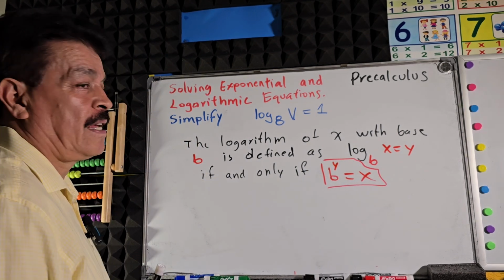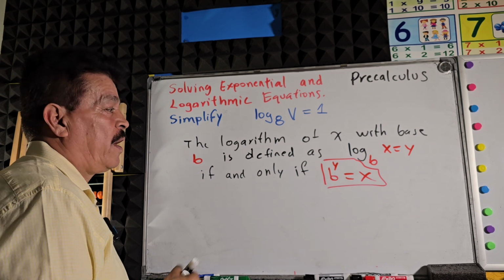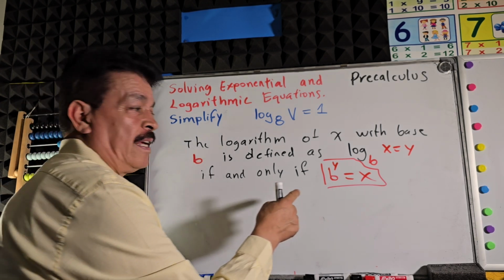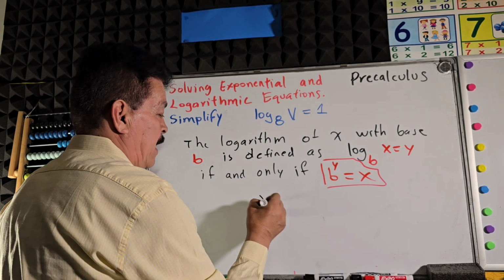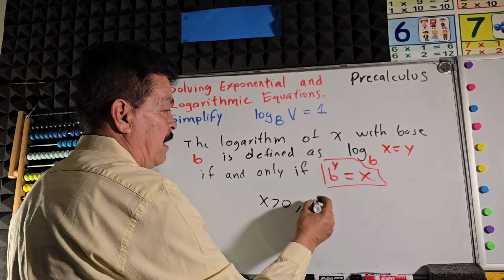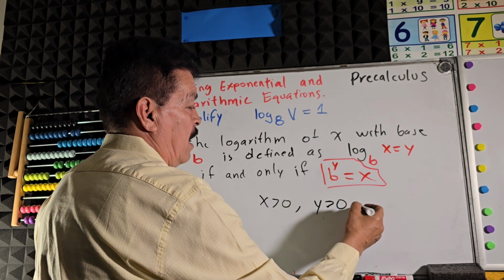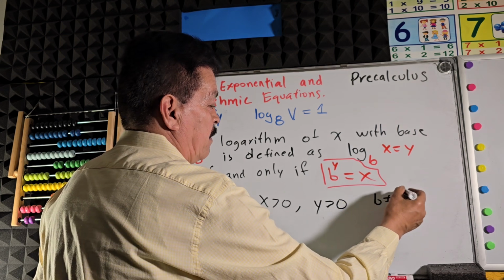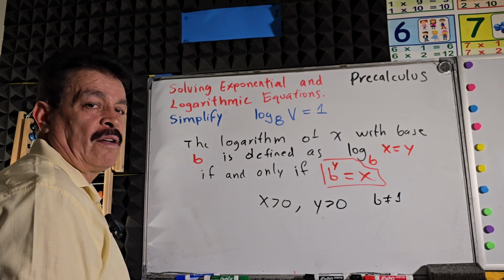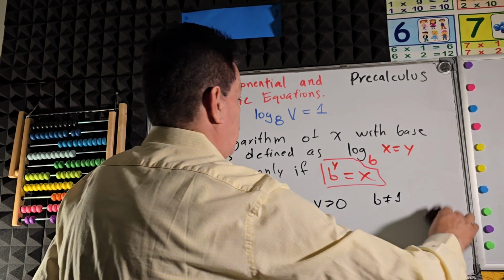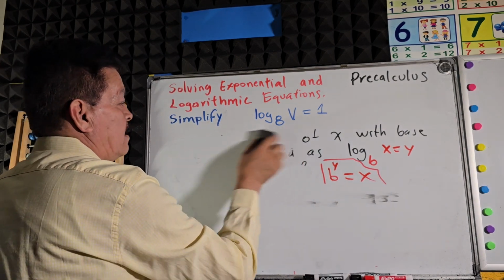This is the rule, where x is greater than 0, y is greater than 0, and b is different from 1. This is the main idea of our class.